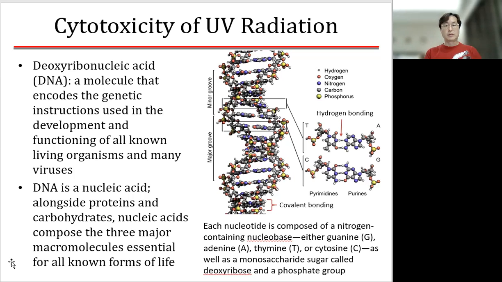In the DNA, you can see that T and A, and C and G, are binding each other, with hydrogen bonding between them. But those hydrogen bonds can be broken by illuminating with UV light.